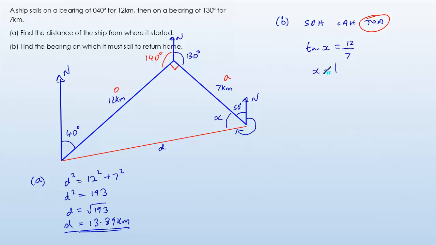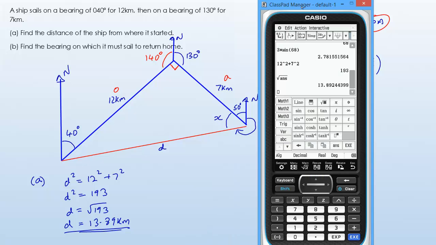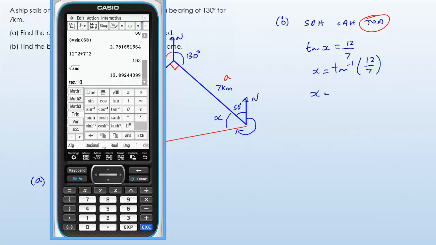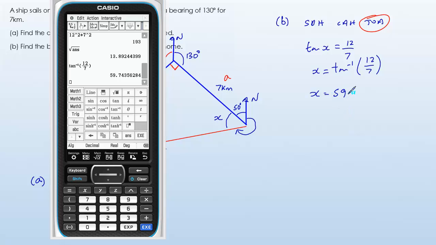So x is the inverse tan. Remember to always do this when you're finding an angle. 12 over 7. So we want the inverse tan of 12 over 7. 59.74. So call it 59.7 degrees for now to 1dp.